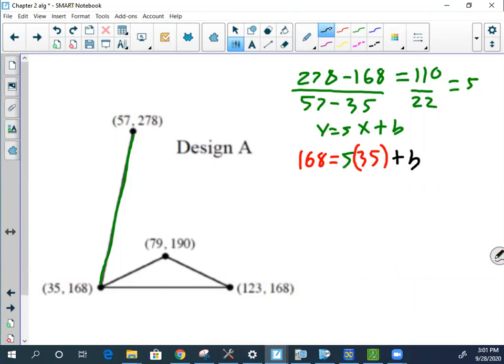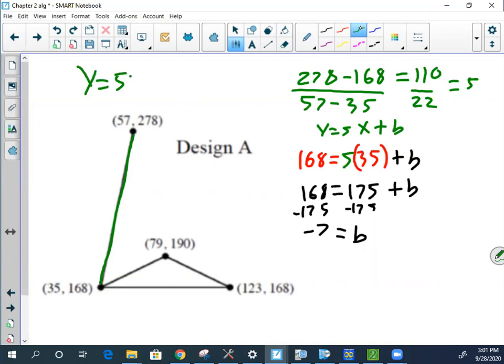Now 5 times 35, put in the calculator, equals 175. If I subtract 175 from both sides, I am left with a b value of negative 7. So the equation for this green line is y equals 5x minus 7.